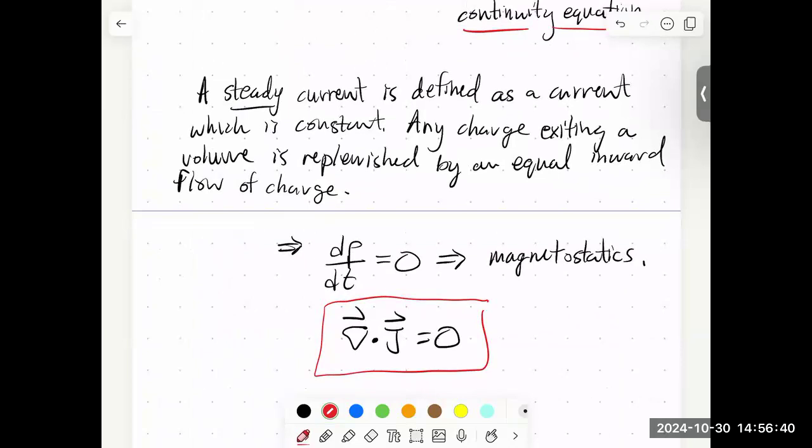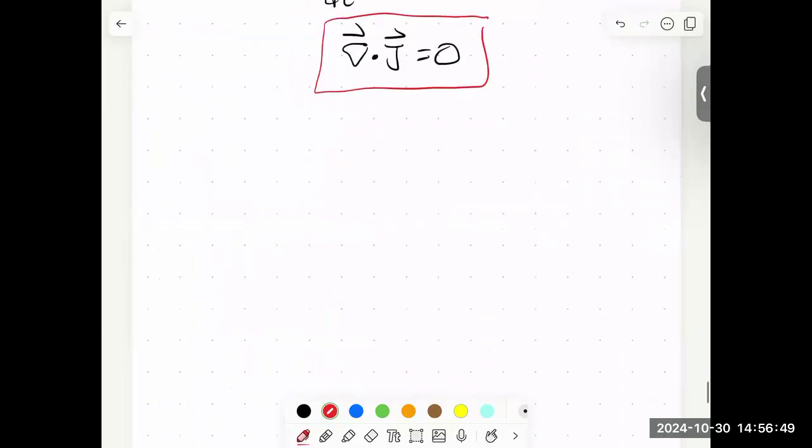We also know that this moving charge creates magnetic fields, but we haven't written down how to calculate that yet. And we're going to get that from the so-called Biot-Savart law.